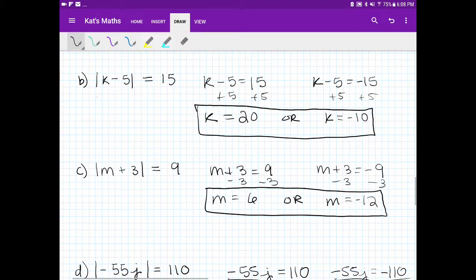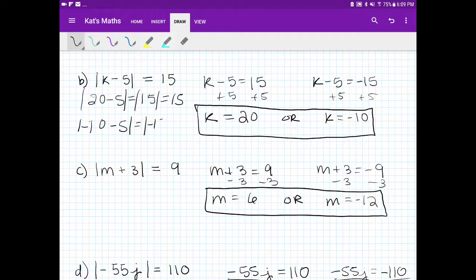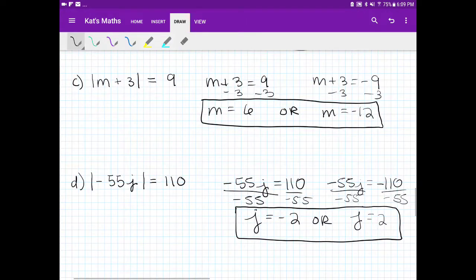So if we check these ones, 20 minus 5 equals, oh, sorry, equals positive 15. And so that's just 15. And then we have negative 10 minus 5 equals negative 15. And so that's just a 15. Checking these last two answers, we have 6 plus 3 equals the absolute value of 9, which is just 9.